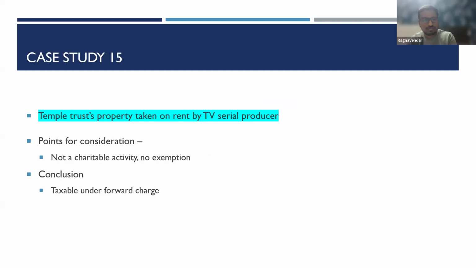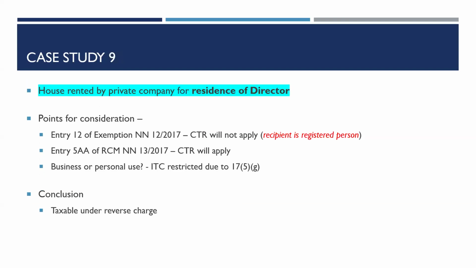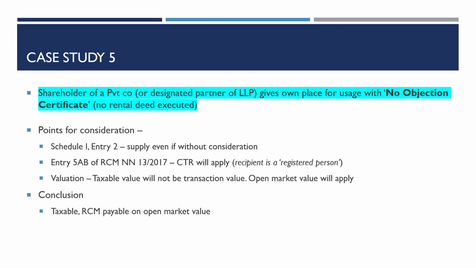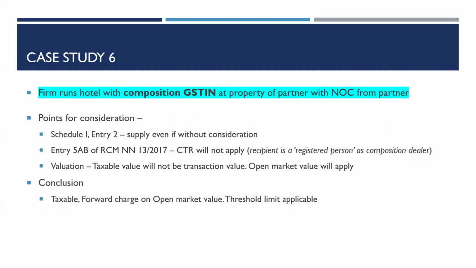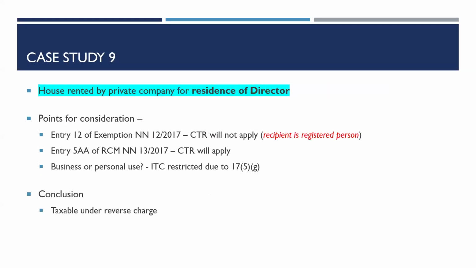Guest house. Now, both landlord is registered and the company is also registered. And this is a residential building, and the purpose given to the company is for use as a residence, not for commercial activity.